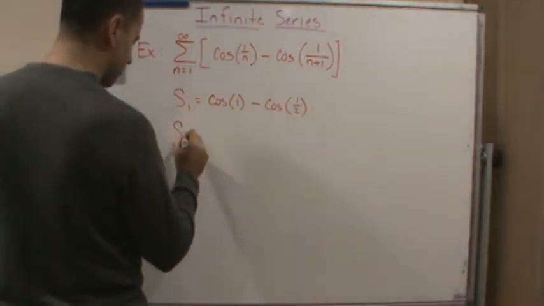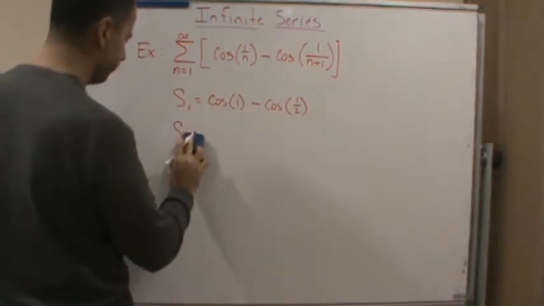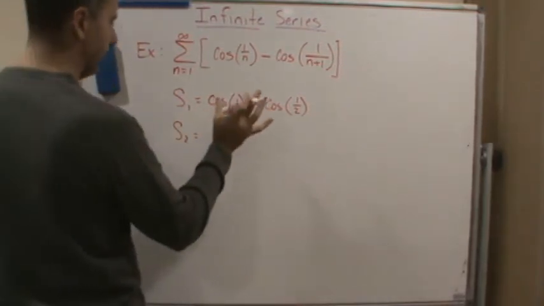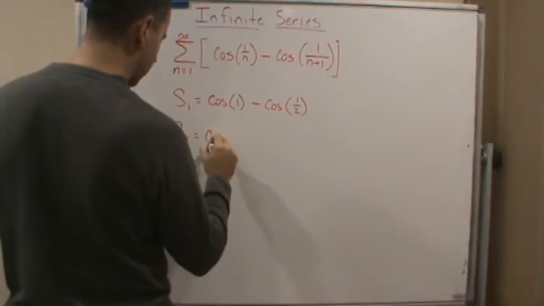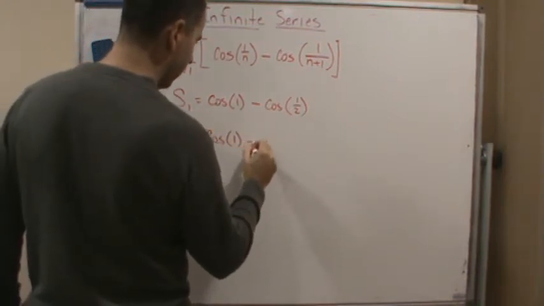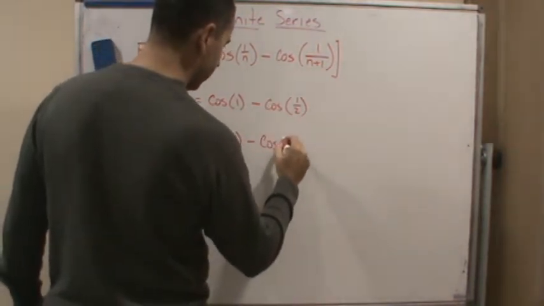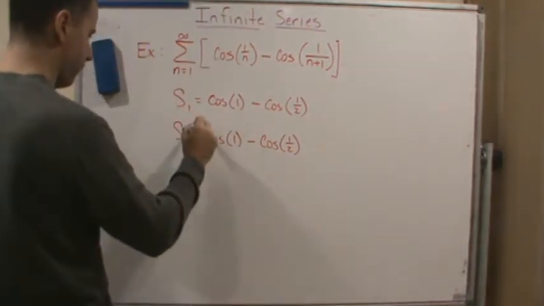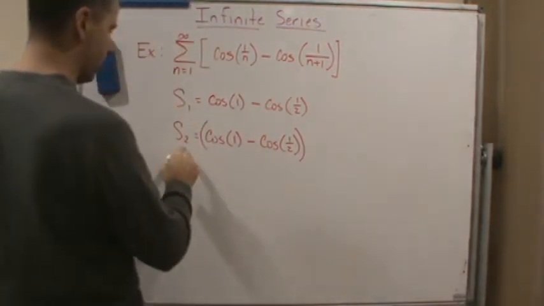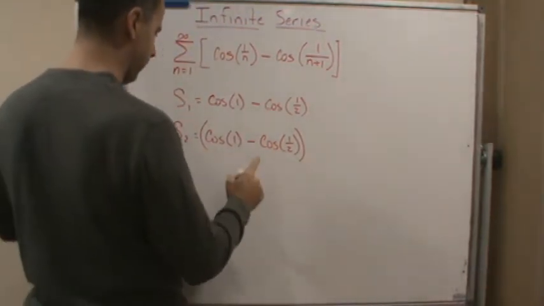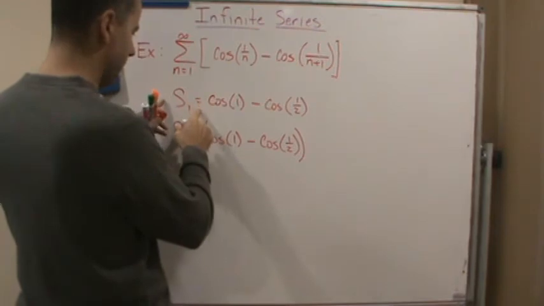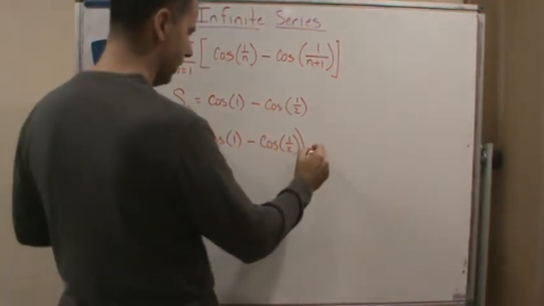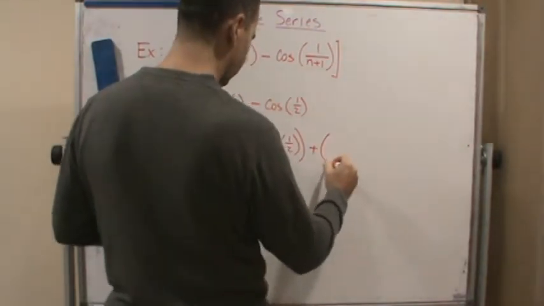So let's do S sub 2. So now it's going to be this one, right? So it's going to be cosine 1 minus cosine 1/2, again that's the first term. So S2 is going to be the sum of the first two terms, so it's going to be S1 plus the second term. So it's going to be this plus, what's the next one?